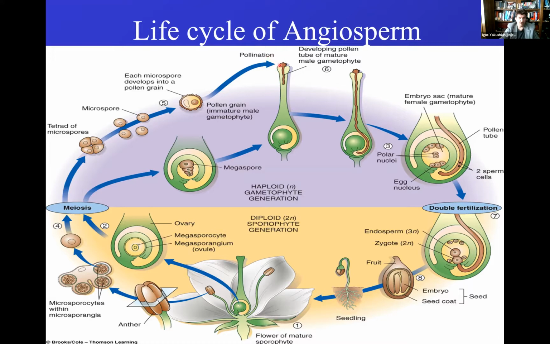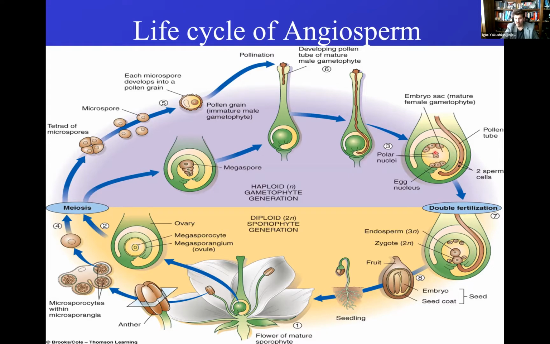So during pollination, whenever the pollen grain lands, 2 sperms will start traveling down that particular pollen tube. And again, 2 sperms coming in. One of them will fertilize the egg, and the second one will fertilize the central cell.